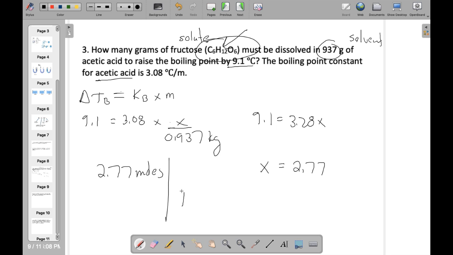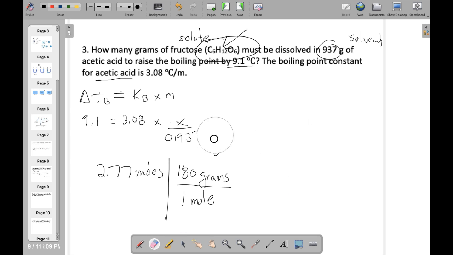I'm going to put that on the bottom, 1 mole. Now I have to look up C6H12O6 on the periodic table. I have to look up the molar mass. So I look up carbon and multiply it by 6, hydrogen multiply it by 12, oxygen multiply it by 6. And I end up with about 180 grams, which is just a coincidence that that was in the last question.